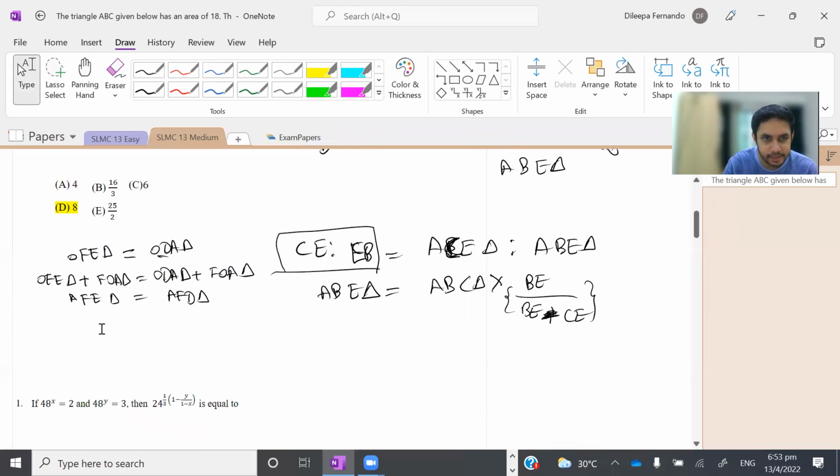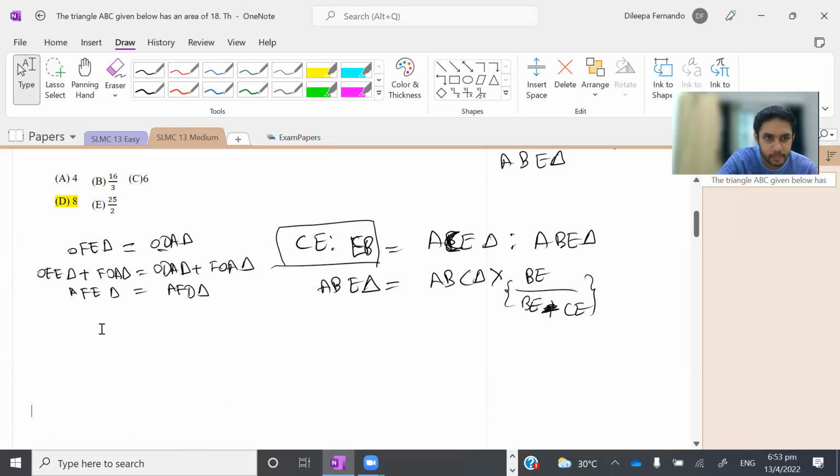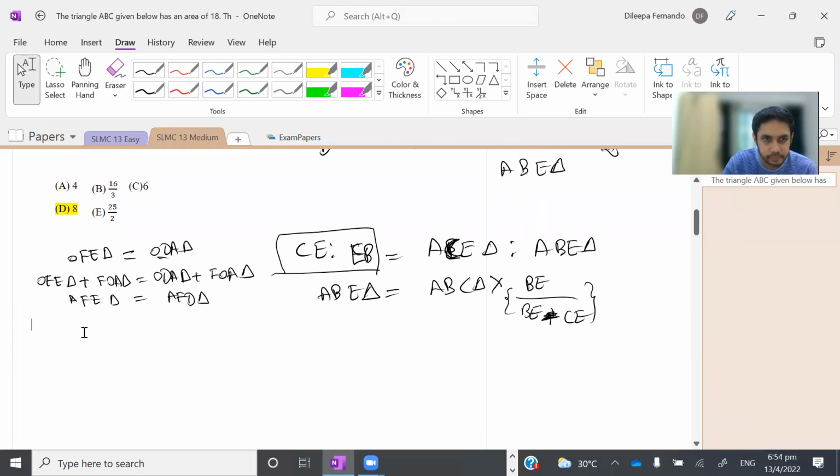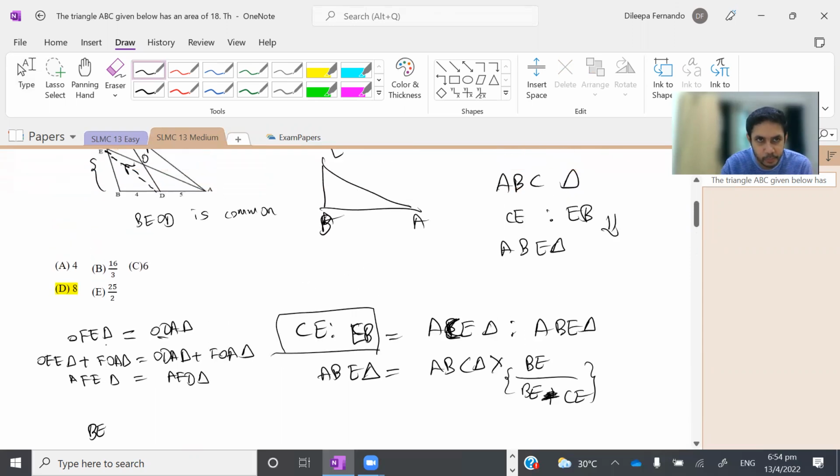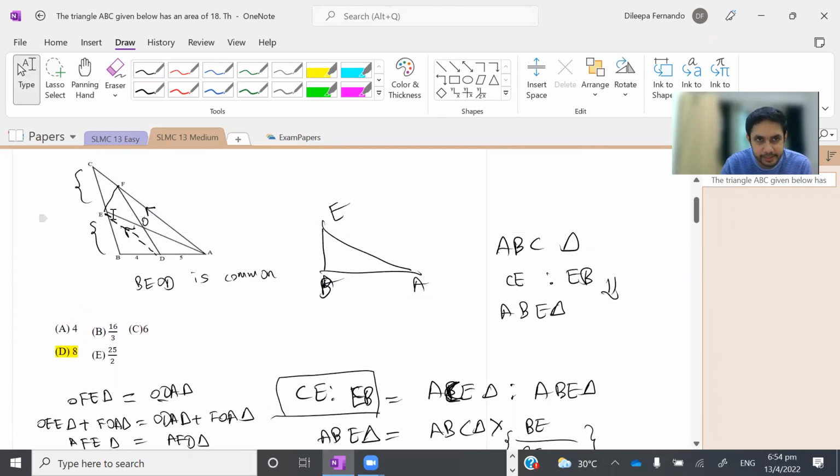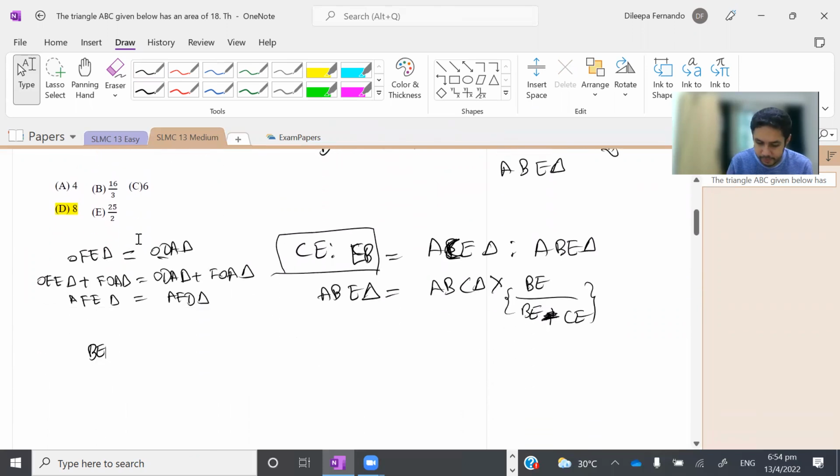Since they are parallel, the BE to EC ratio equals 4 divided by 5.